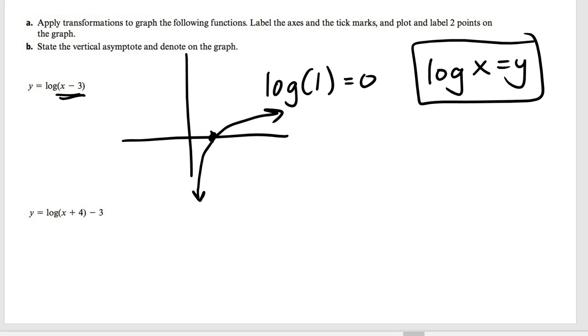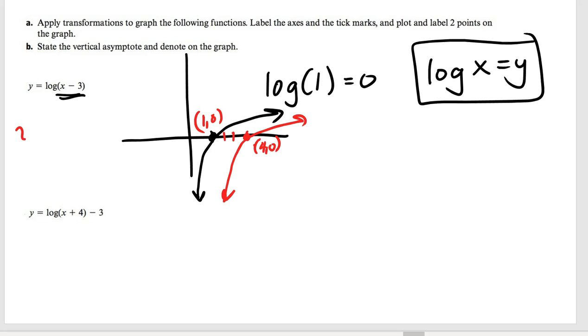Now, our function tells us we're going to shift right 3. I like to use that 1, 0 handle as a good way to move things. So instead of 1, 0, it's going to shift 3 to the right. So it's going to be 4, 0. That's one point that I have on my graph. I can also use a random point that I pick.